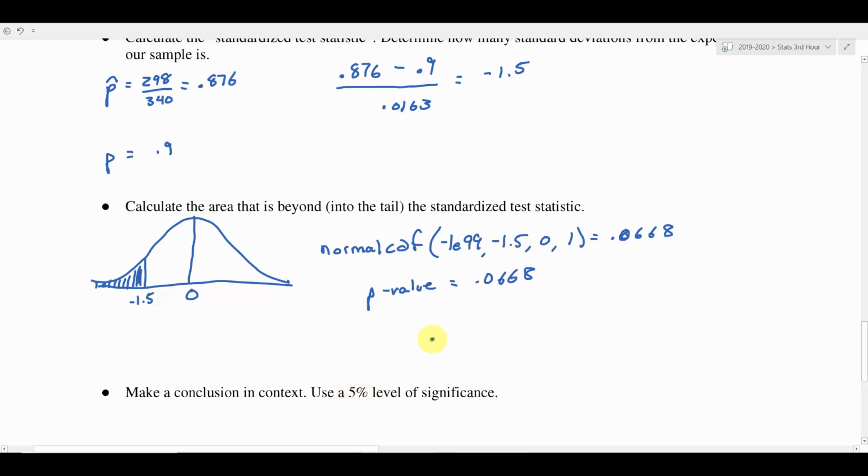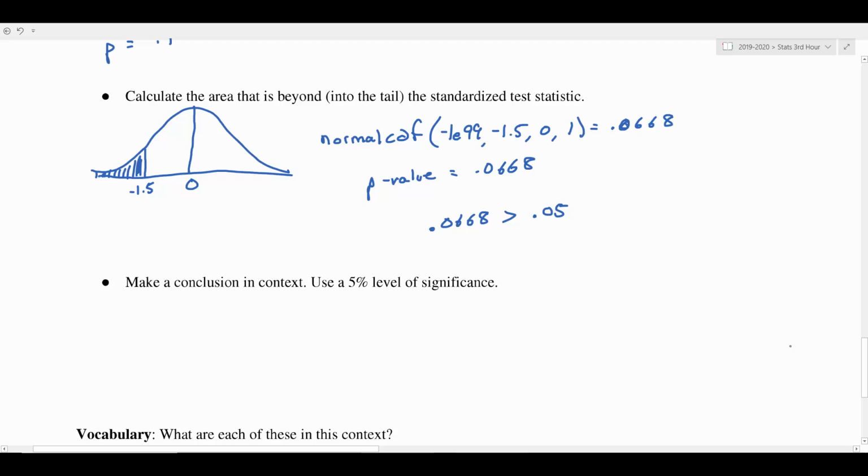Okay, so 0.0668 is greater than 0.05. So this tells us that we did not have enough information to reject what the toothpaste company was saying. It's just not improbable enough. 6%, there's only a 6% chance of this happening, but that's just not rare enough to reject the toothpaste company.